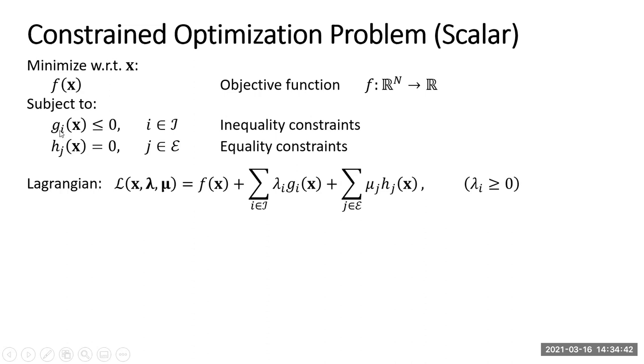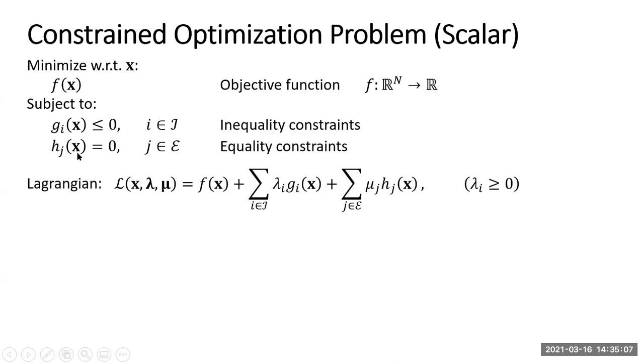So we have constraints of the form gi of x must be less than or equal to 0, where i is an index belonging to this set of inequality constraints. So gi of x less than or equal to 0 is the general form of an inequality constraint.